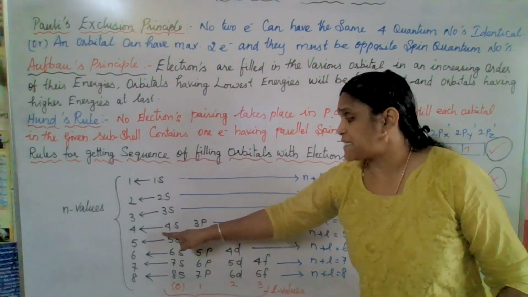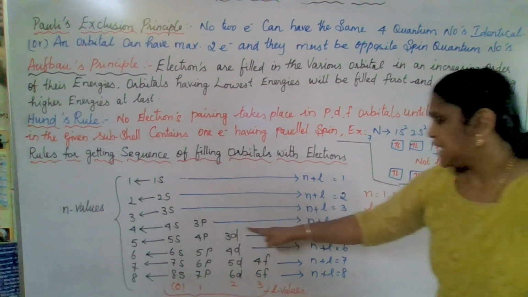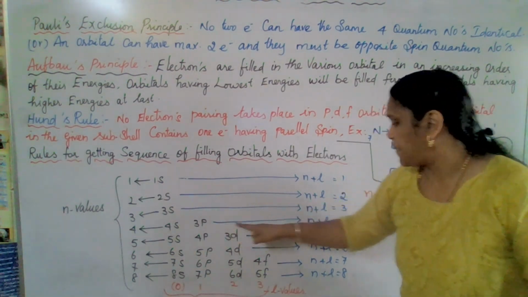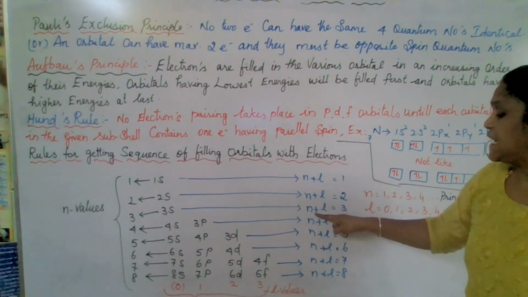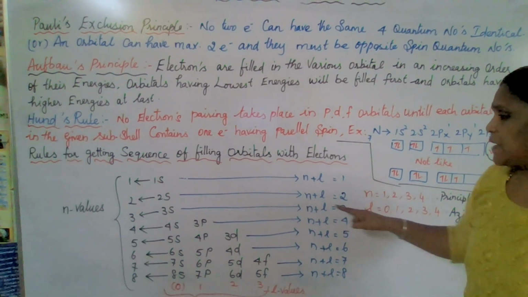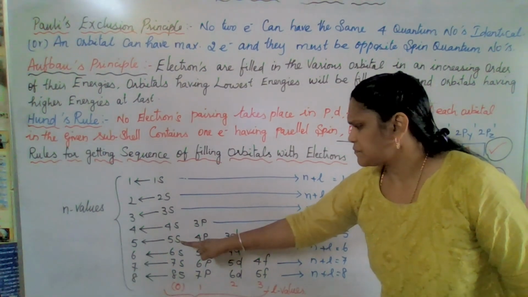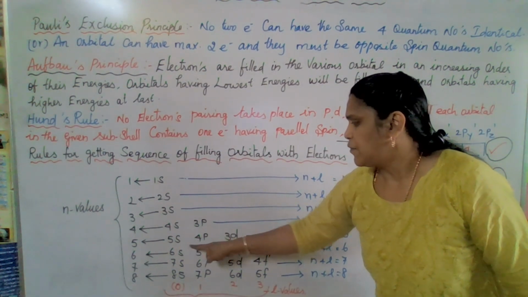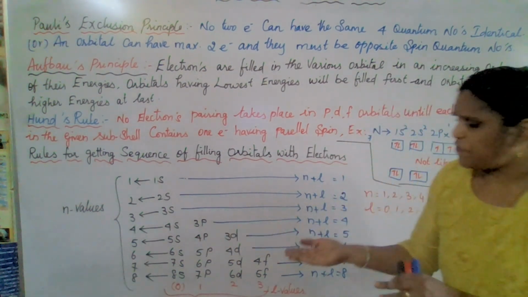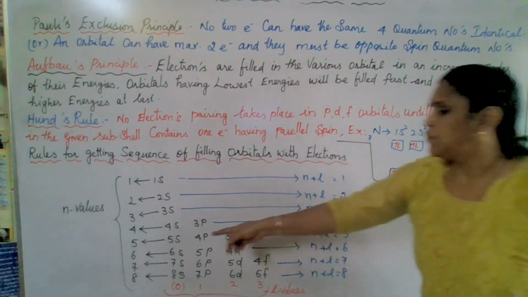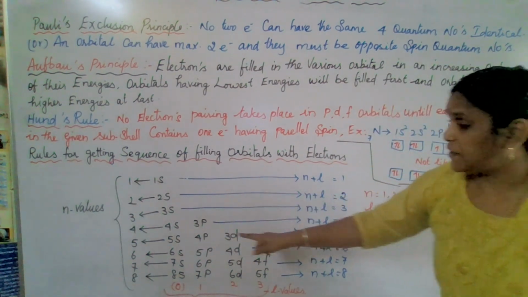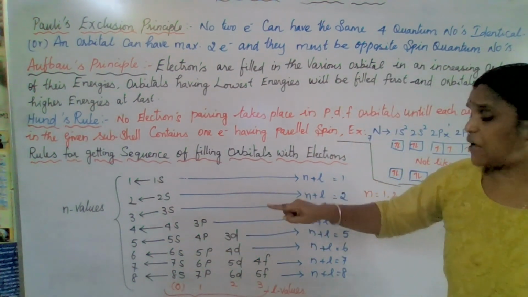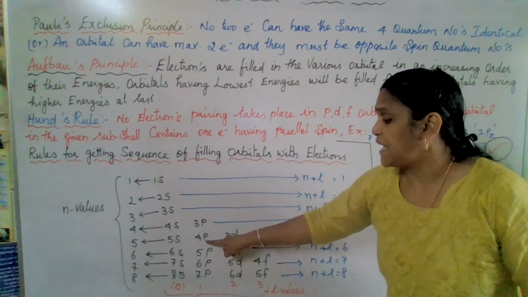Then 4s, and as you come to 4s, the p orbital starts here with 1. So here n plus L equal to 3. Then 5s means 5s and 4p, always one number lower. For the s orbital, n equal to 5 and L equal to 0, and here 4p.